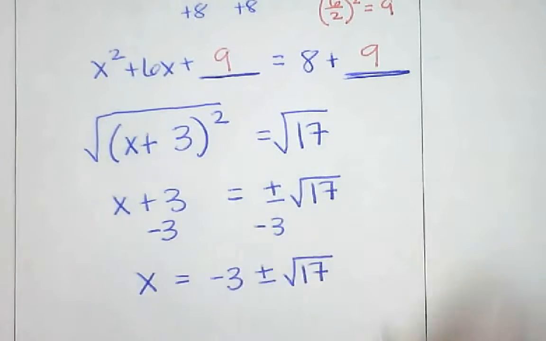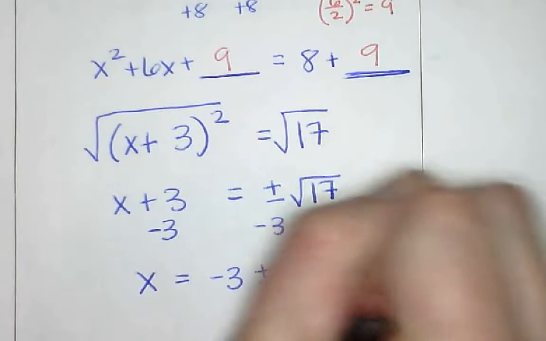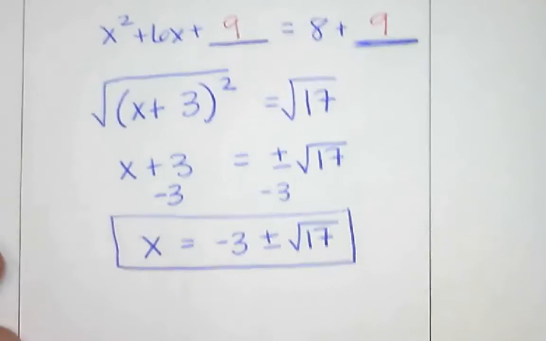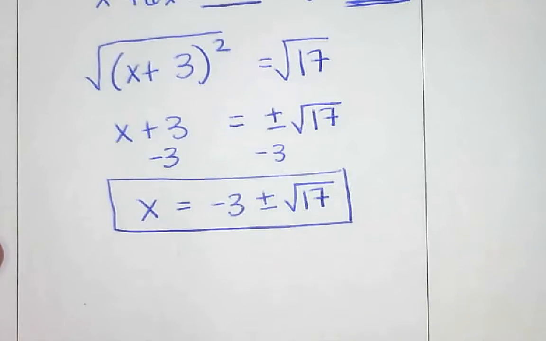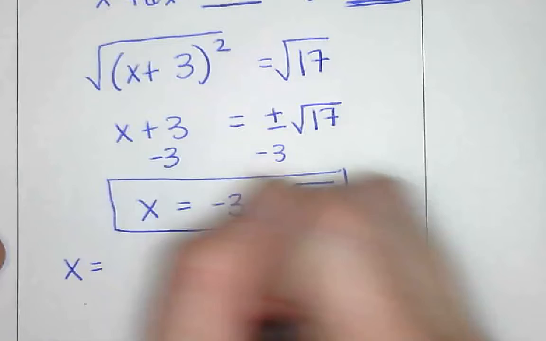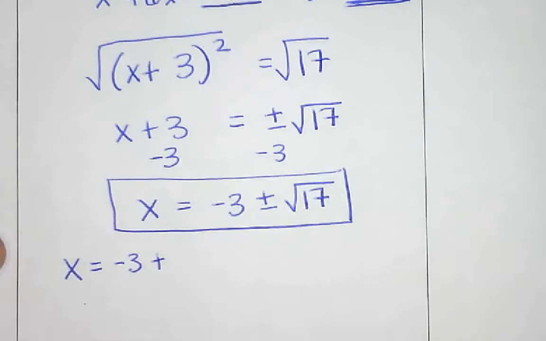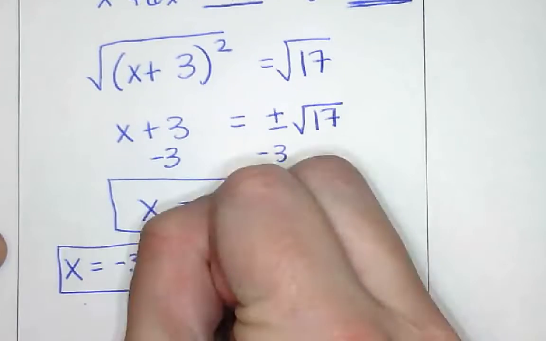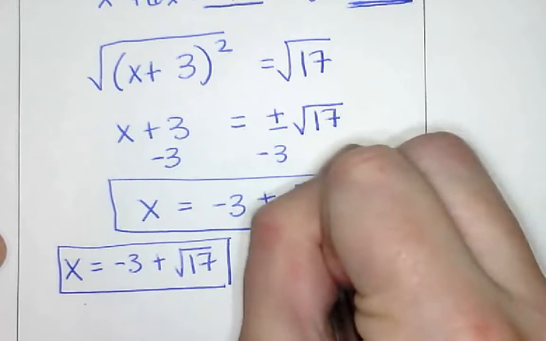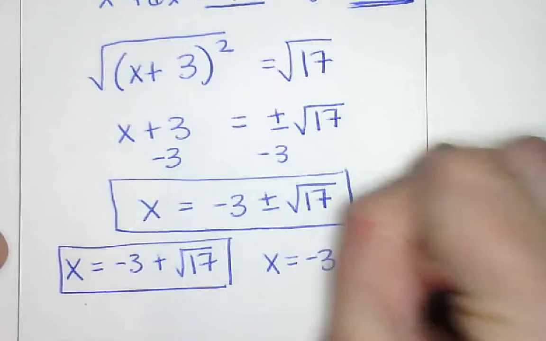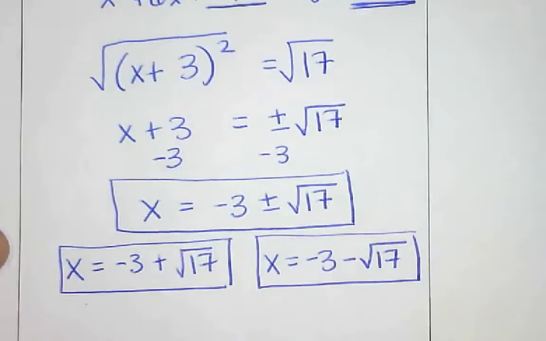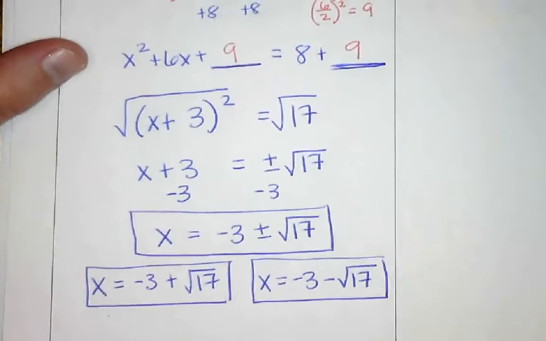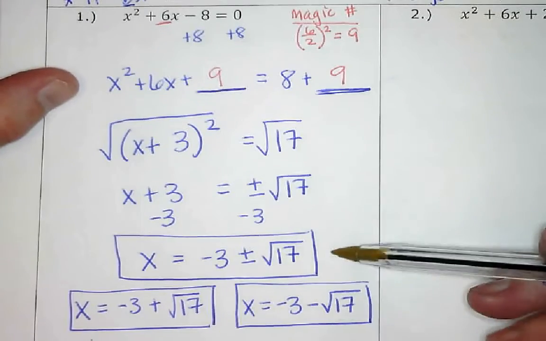You can write it like this if you just want to write it one time, or you could also write it as two separate solutions. x equals negative 3 plus the square root of 17, or x equals negative 3 minus the square root of 17. You can write it either way as long as you understand that this is two different solutions. Does that make sense, guys?